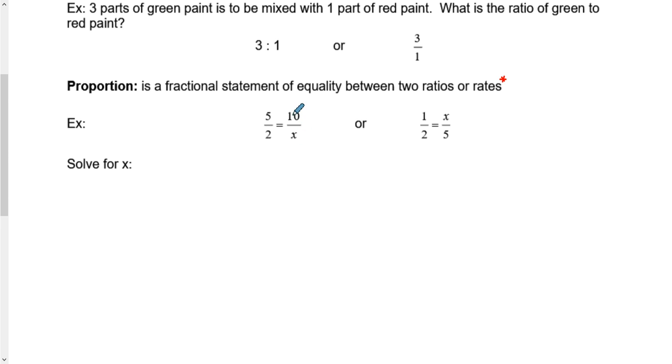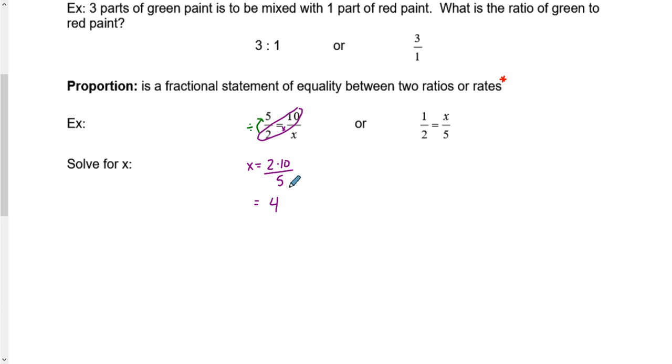Start at our variable, go to the number directly attached, multiply across, and divide by the remaining number. So x would equal 2 times 10 over 5. 2 times 10 is 20. 20 divided by 5 is 4.